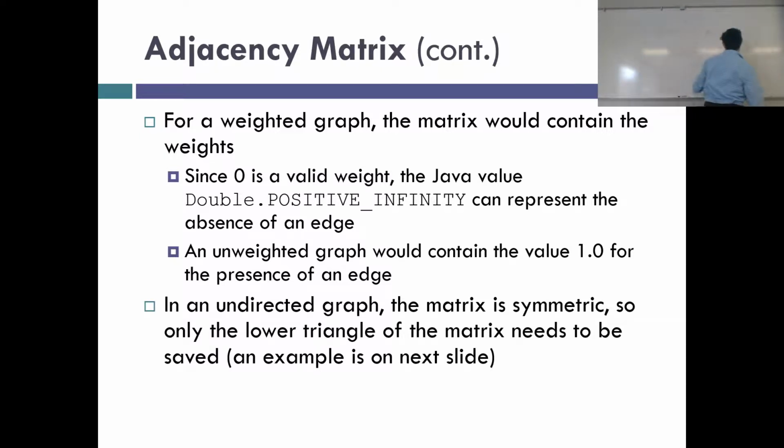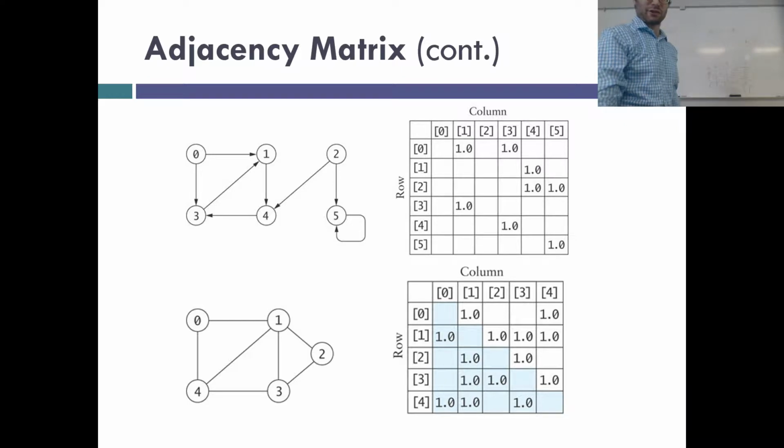Right? In an undirected graph, A goes to B, B goes to A, and B and C connect to each other, C and B connect to each other. So instead, we could use just the lower triangular form of the matrix and just save that bit.